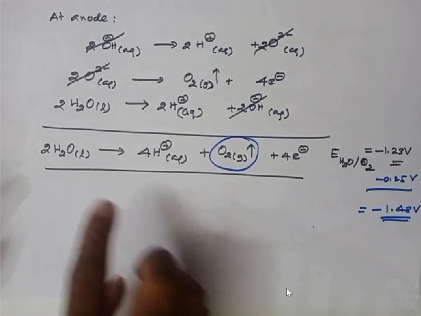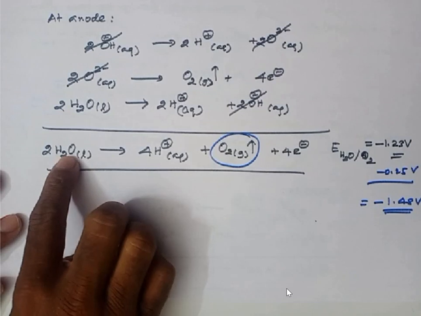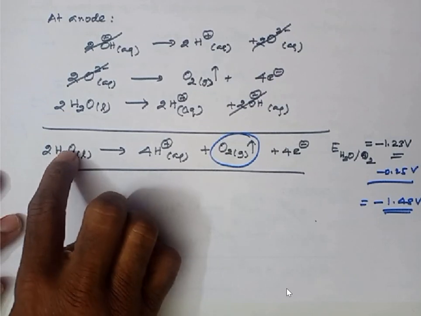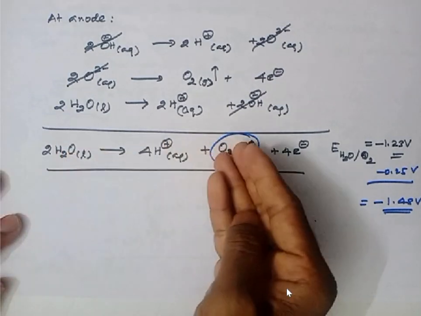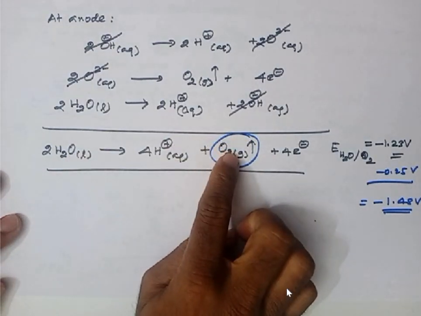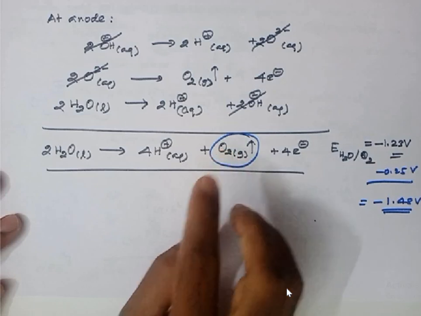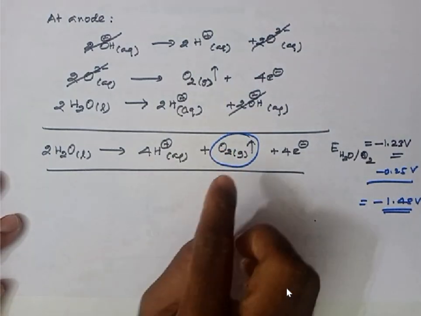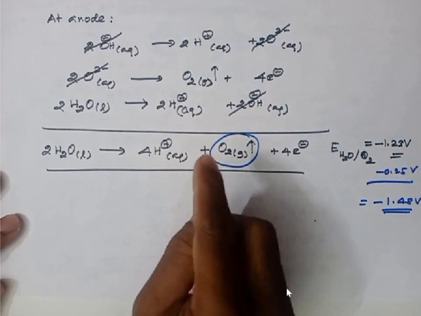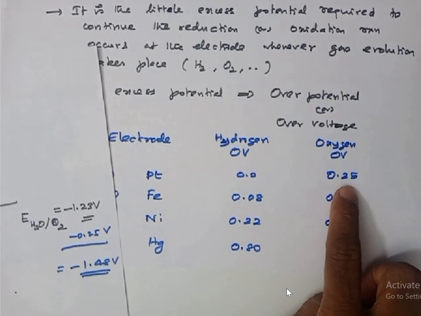When you use an aqueous electrolyte, then water has the chance to undergo oxidation. When water undergoes oxidation, oxygen gas gets evolved, correct? If this oxygen gas evolves, suppose you use a platinum electrode, then you require some overvoltage. It's called oxygen overvoltage. Oxygen overvoltage for platinum electrode is 0.25.